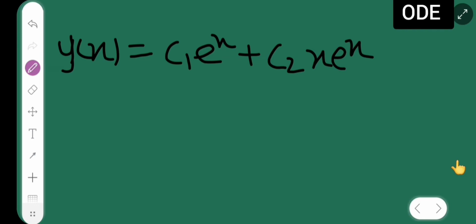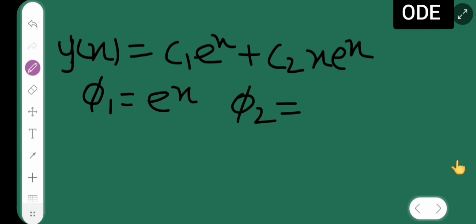Correct, no? Next, I have to find the Wronskian. For that, I need to find out my phi 1 first. My phi 1 is nothing but e raised to the power of x. Phi 2 is nothing but x e raised to the power of x.